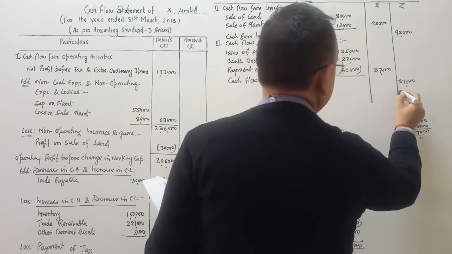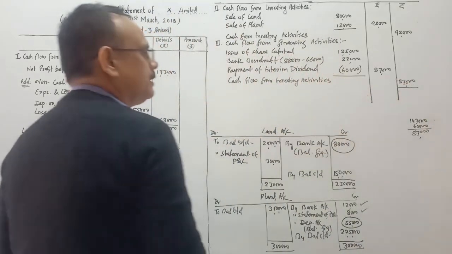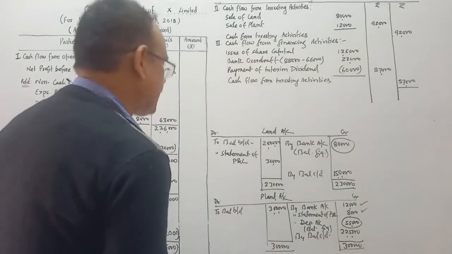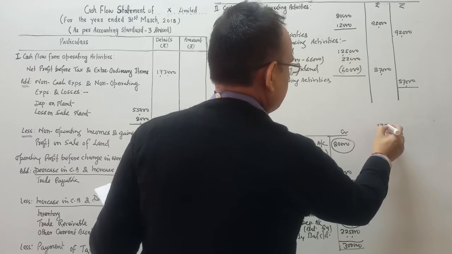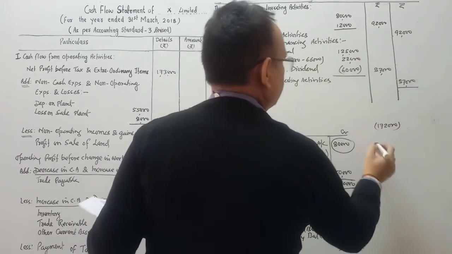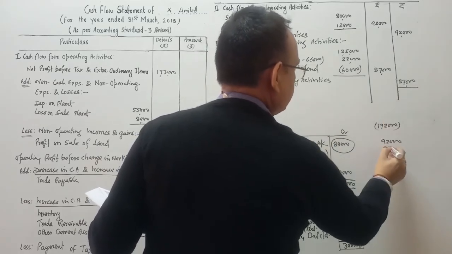Now we will do the total of the three activities. Cash flow from operating activity is minus 1,72,000. Investing is 92 plus. Financing is 87 plus.